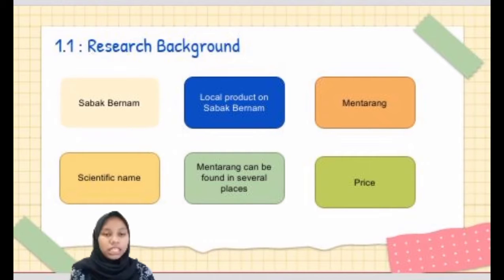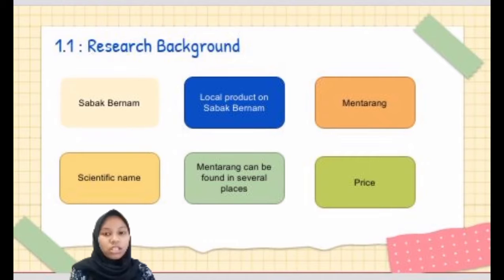Okay, mentarang is a kind of shell animal that can be eaten. Mentarang has a thin skin and usually prefers water that has a low temperature. The scientific name of mentarang is Pholas orientalis.